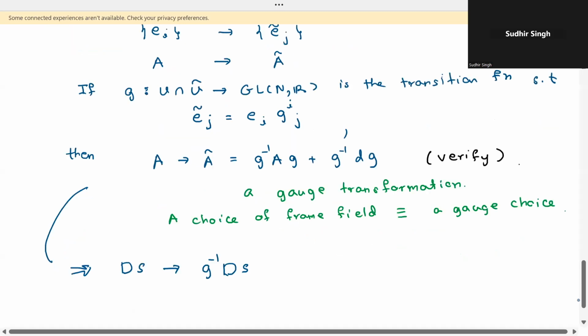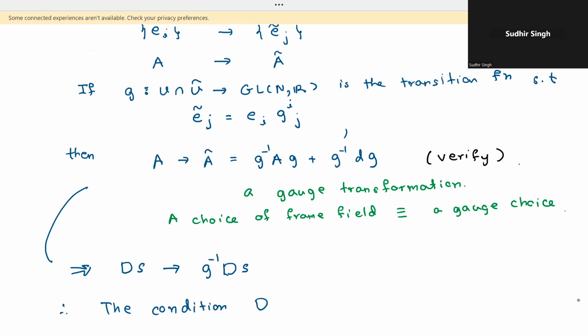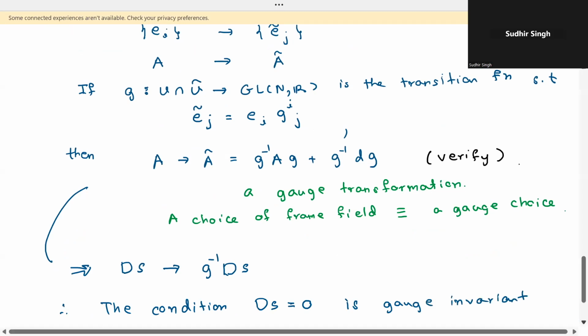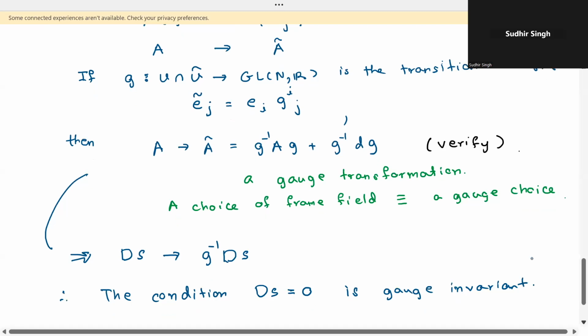And this has an important implication: this means the condition that the covariant derivative vanishes, ds equals 0, is gauge invariant. So it's a well-defined condition because it's true in any frame field. Yeah, so this is gauge invariant.